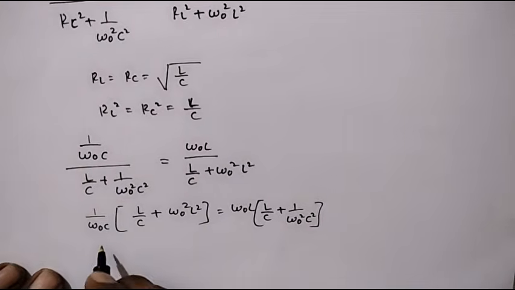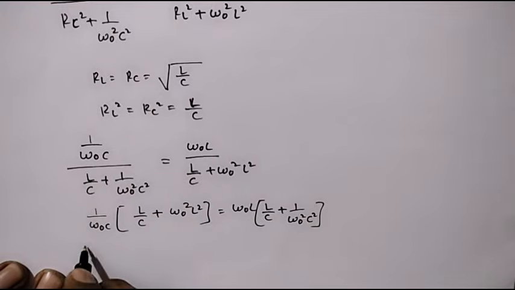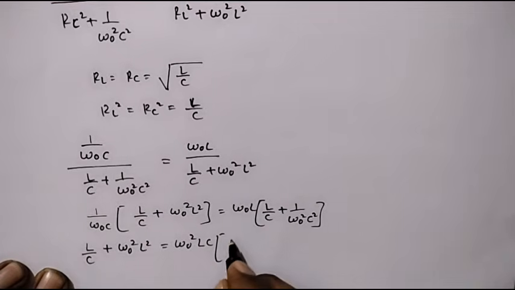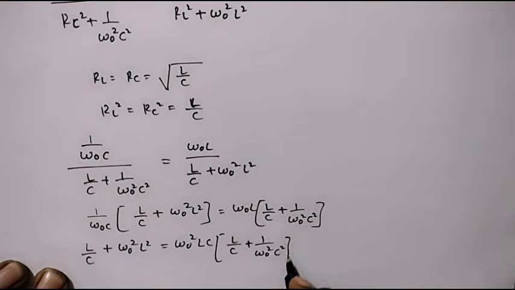So further I can simplify this: I'll send this omega naught C to the right hand side. I can write it as L by C plus omega naught square L square is equal to omega naught square L into C, in bracket (L by C plus 1 over omega naught square C square).